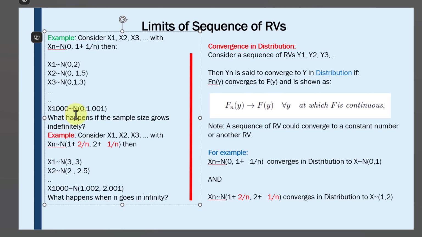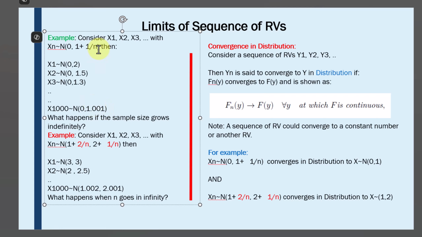Now we see that as we increase n, the standard deviation of the sequence converges to 1. It's 2, 1.5, 1.3, and so on. The larger the n, the closer the standard deviation gets to 1.